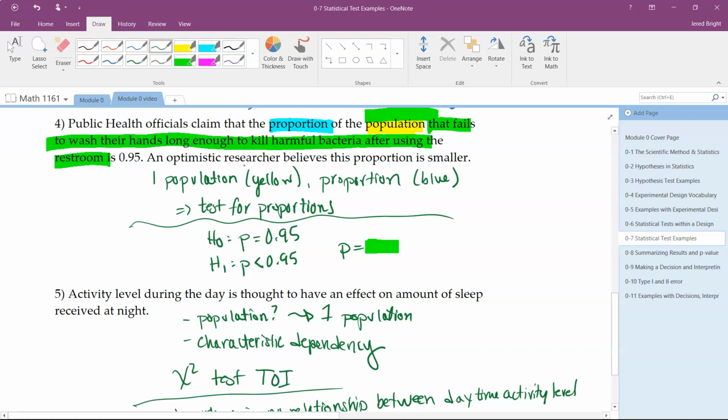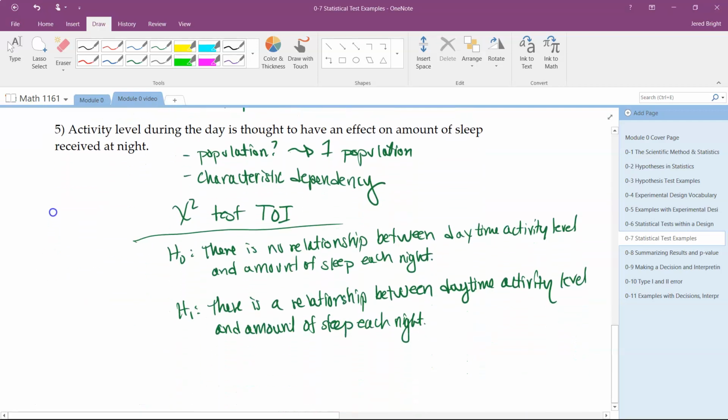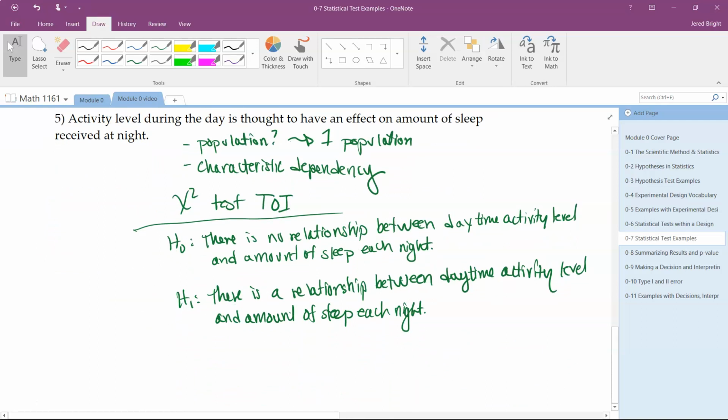This one is a little confusing, only because a population isn't specified. So what population are we studying? And so this one, if you notice the context here, it's trying to determine if there's a relationship between activity level and amount of sleep.